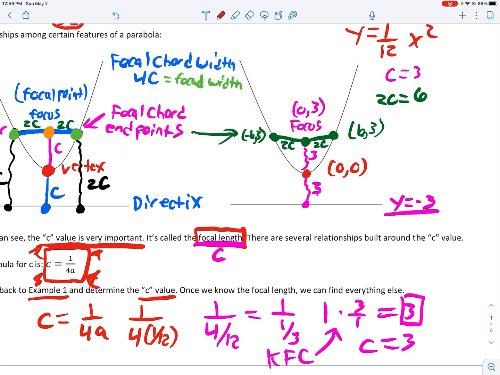Then all the way across this red line, that would be 4c. So that's 6 and 6, which would be 12, 4 times as big as c. What's 4 times 3? 12. So this is what we call our focal width, or our focal chord width, or our focal chord length. You might also see focal chord length.